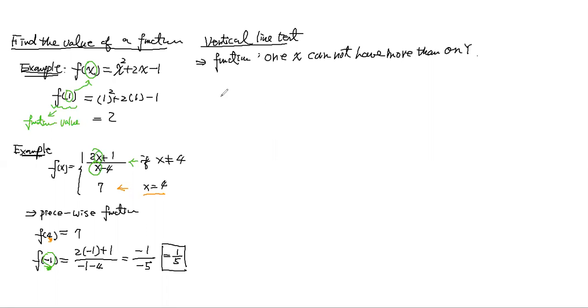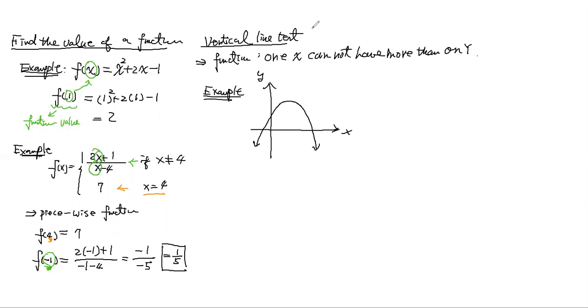So let's take a look at some examples. What does the vertical line test mean here? For this graph, this is x and y. If I have some function like this, is this a function? We say yes. Why?